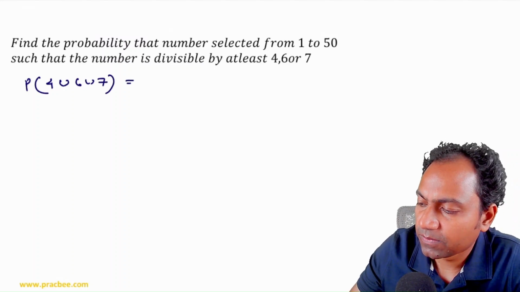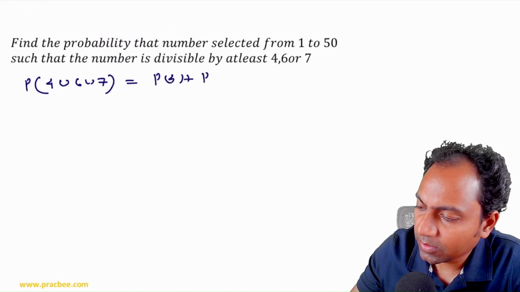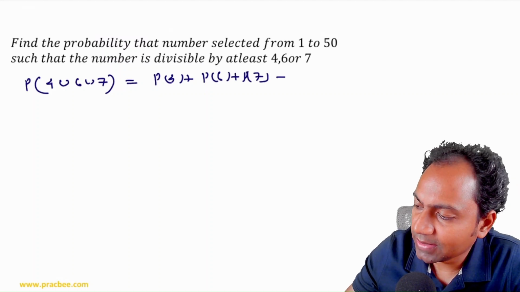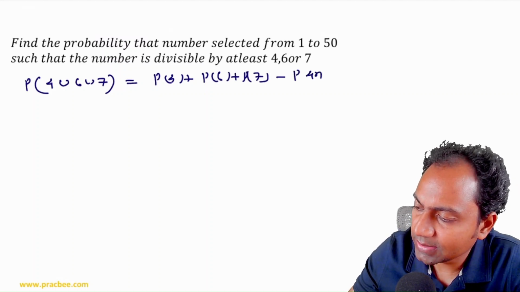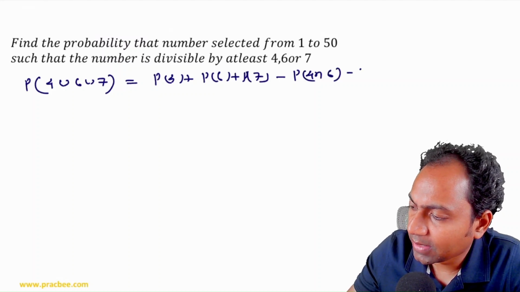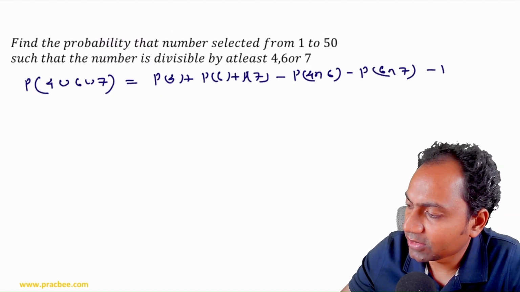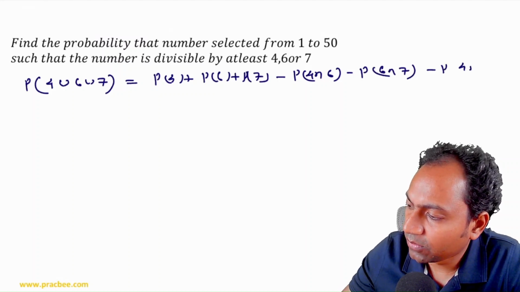So the answer is probability of 4 plus probability of 6 plus probability of 7 minus probability of 4 intersection 6 minus probability of 6 intersection 7 minus probability of 4 intersection 7.